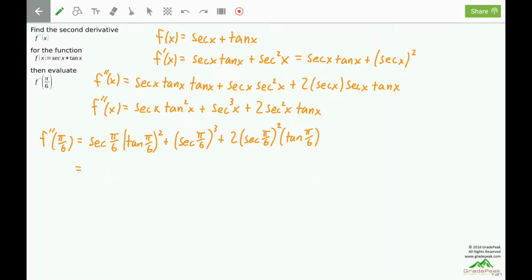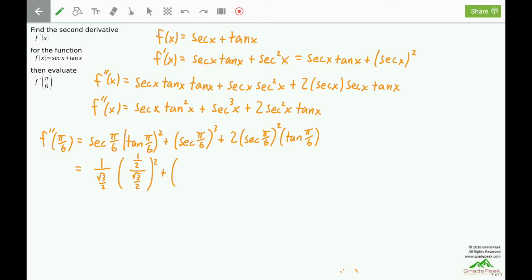Now we want to evaluate each of these. Secant of pi over 6 is 1 over the cosine of pi over 6. The cosine of pi over 6 is root 3 over 2. The tangent of pi over 6 is the sine of pi over 6, which is 1 over 2, over the cosine of pi over 6, which is root 3 over 2. We have that squared.